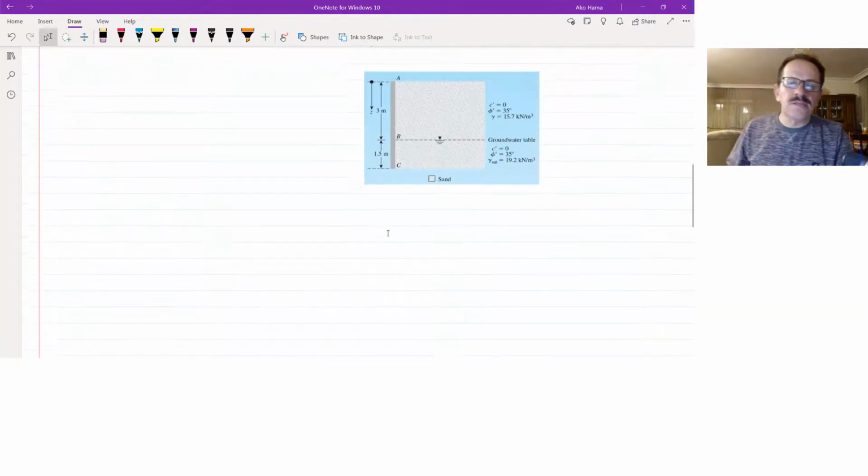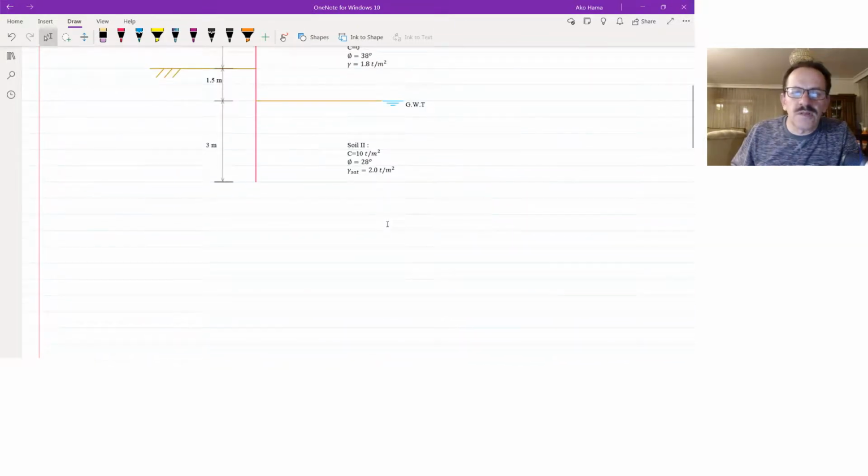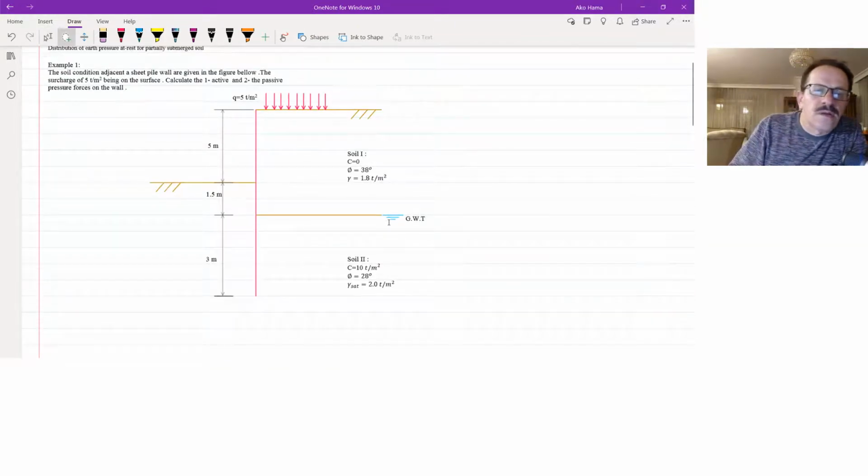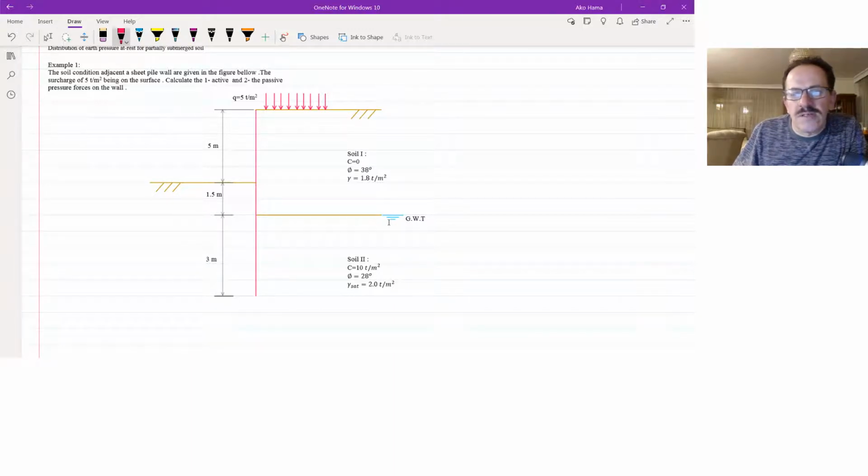Okay, as a summary for estimation of the stress at any point, at any depth.